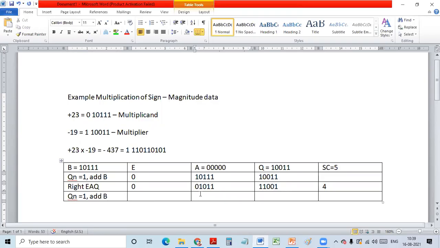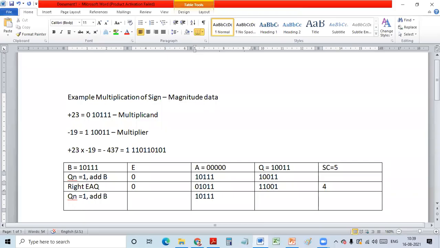B is 10111, so you have to add this. 1 plus 1 is 10, and with the carry, 3 ones give 1 1, 2 ones give 1 0, again 2 ones give 1 0, and again 2 ones. You'll be having E as 1, and this is 0. So what is the result?